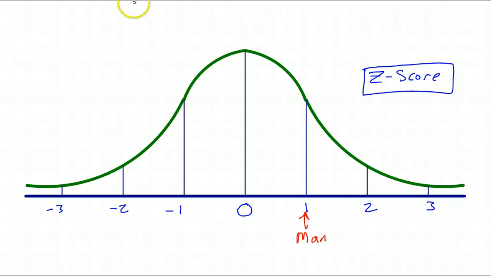Okay, so the woman, even though she was the same exact height, 6 feet, 72 inches, when you compare her to her peers, other women, you see that she is actually much taller than the man. She's not actually taller, they're the same height, but among women, having the height of 6 feet is much more unusual.